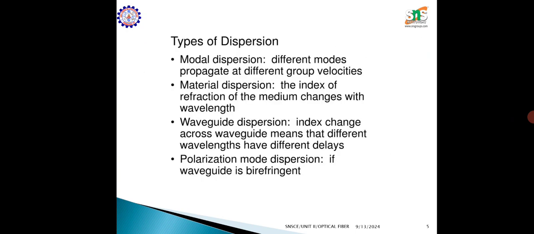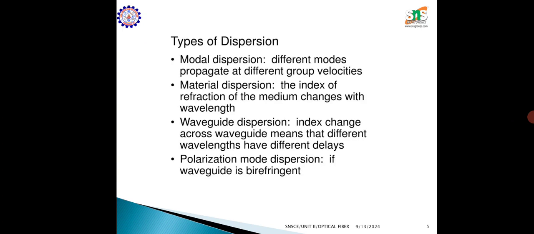We have different types of dispersion: intermodal dispersion, material dispersion, waveguide dispersion, and polarization mode dispersion. Intermodal dispersion occurs while propagating through the fiber, and it will have a different dispersion for a different wavelength.